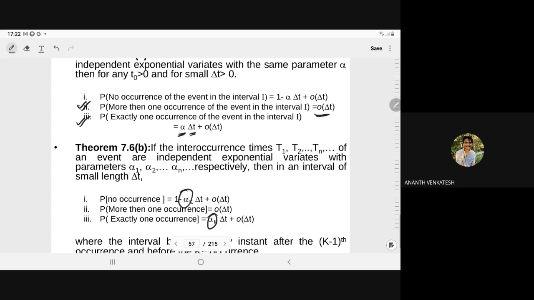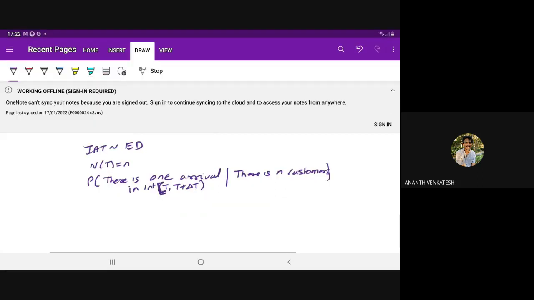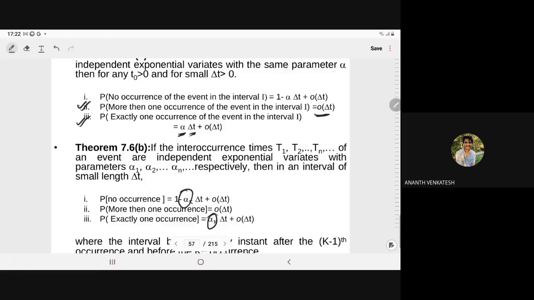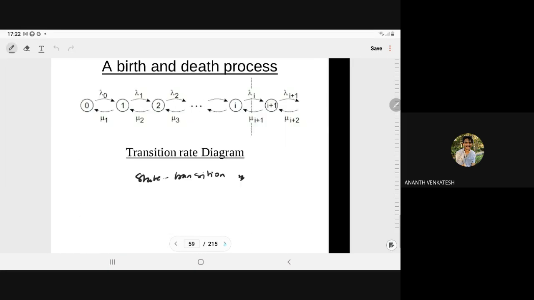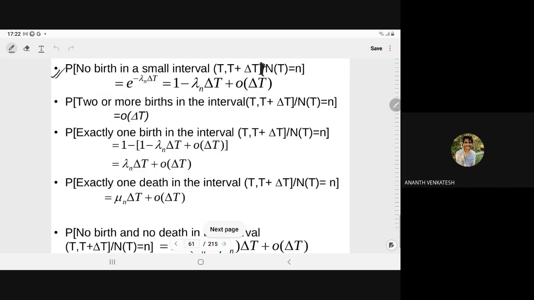And here it is lambda n, because when there are n customers, at that time the rate is lambda n: lambda n into delta t plus higher order terms of delta t. The same thing we have written in the slides, right?